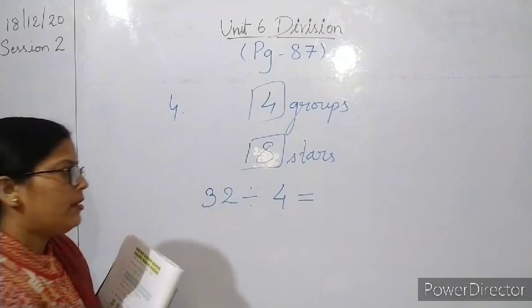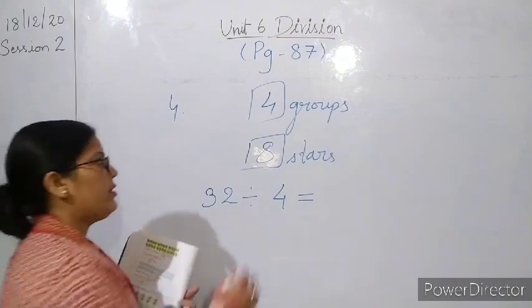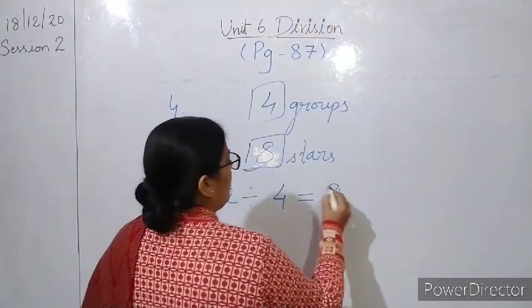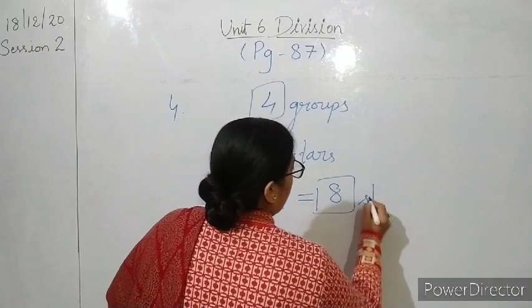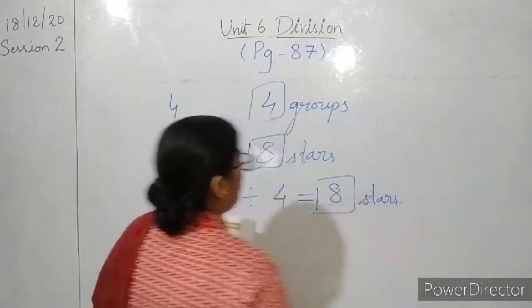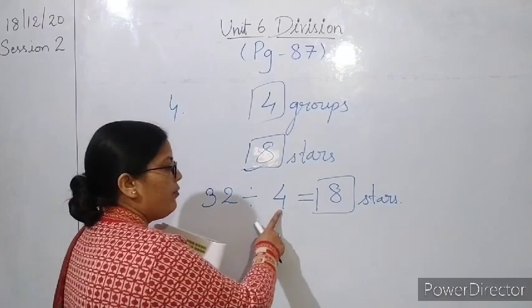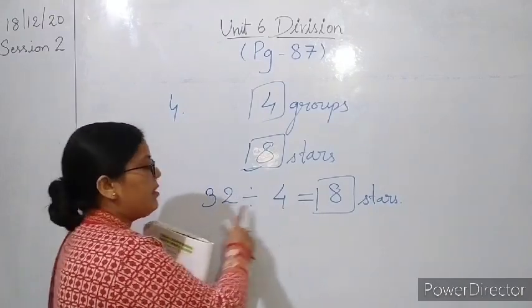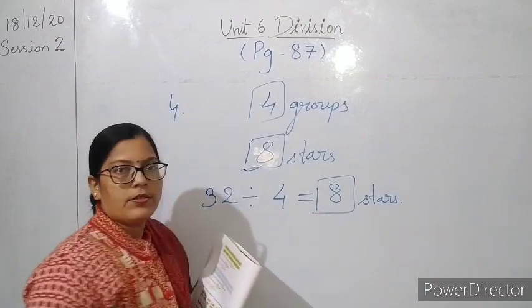And what is the answer? The answer will be the number of stars in each group. And what is it? 8. Okay. So there are 8 stars in each group. 32 divided by 4 is equal to 8. 4 eights are 32. So the answer is 8. Okay.